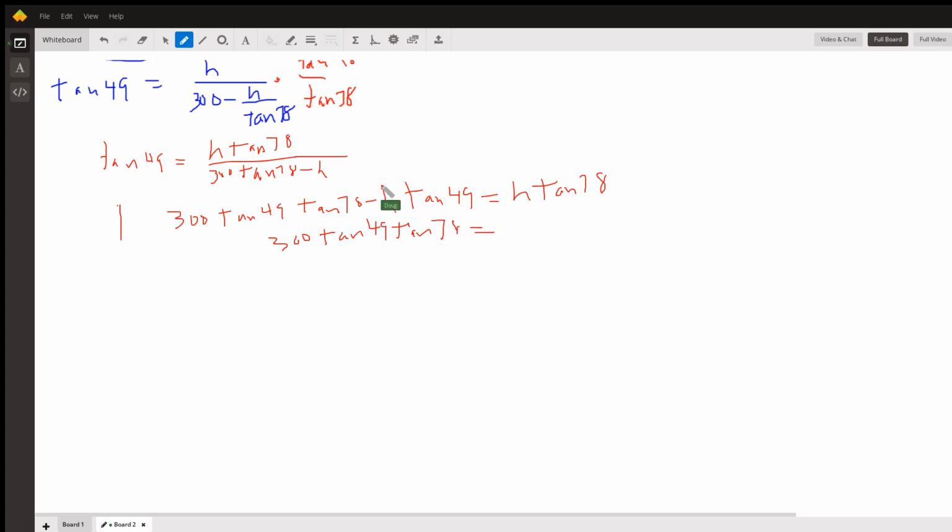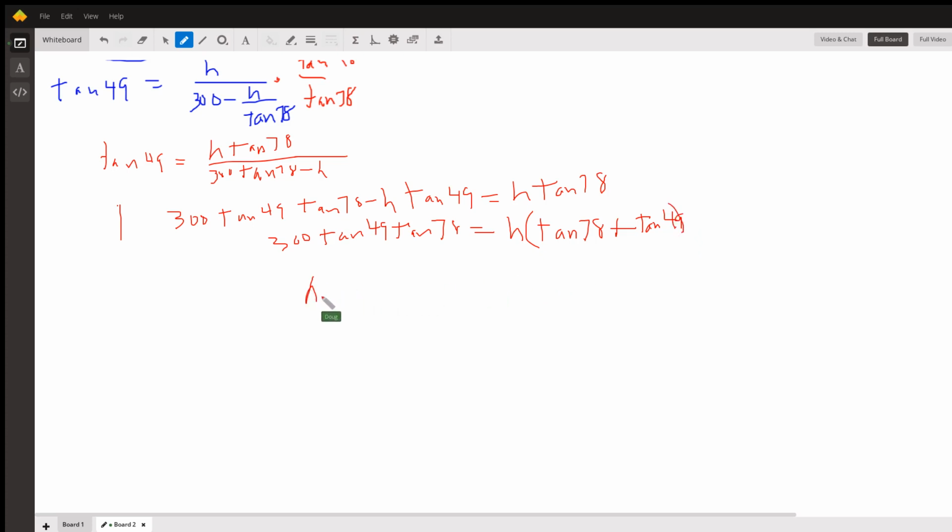So I can picture transposing this term to the right side of the equal sign, and at the same time, I can factor out that h. I'll have 300 tangent of 49 tangent of 78 equals h times the quantity, tangent of 78 plus tangent of 49.